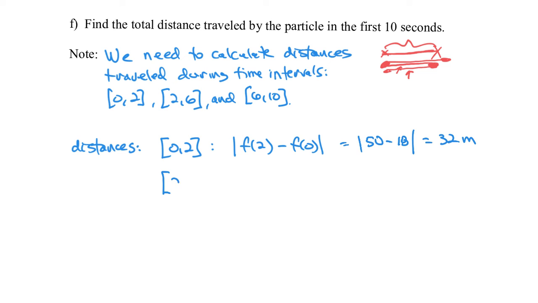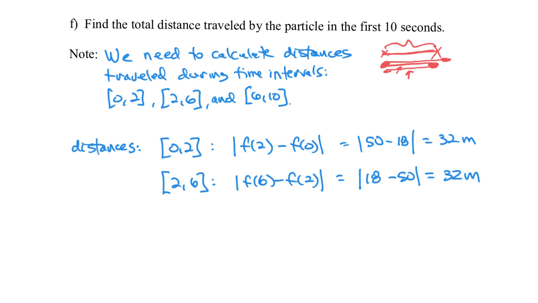Okay, then we have to think about what about between 2 seconds and 6 seconds. Well, that's just going to be f of 6 minus f of 2. Find the position after 6 seconds, subtract the position after 2 seconds. We did those also earlier. We saw that it came back to the starting point. So subtract here, and this gives us another 32 meters.